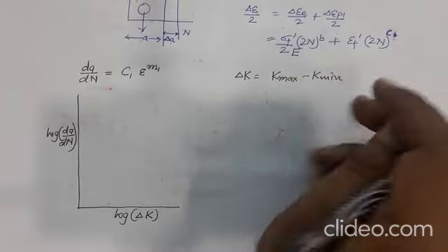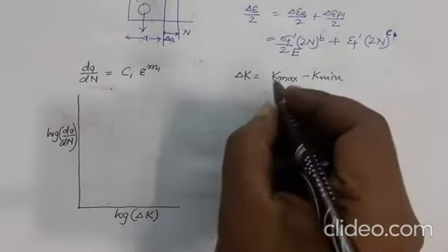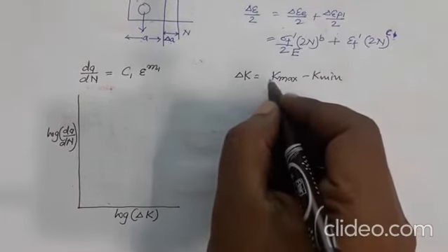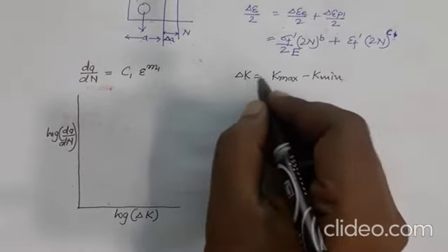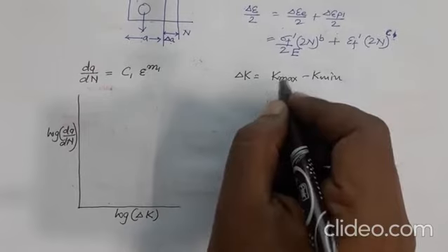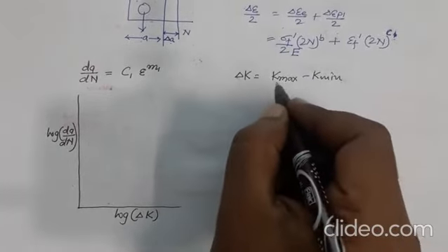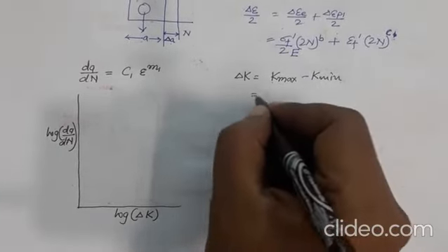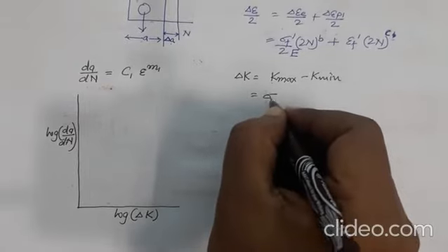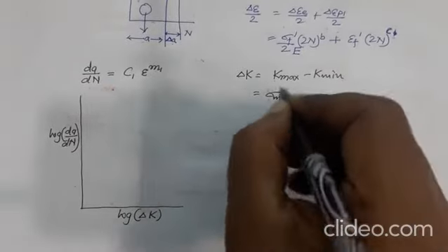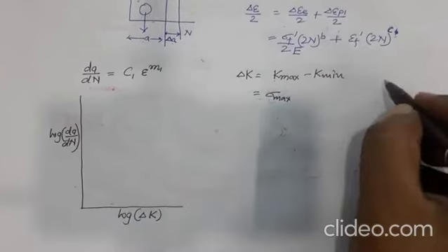So we assume that there is a crack in the system. Once we have a crack, only then we can take the help of stress intensity factor. So delta K will be K max minus K min. What is K max? K max is the stress intensity which is achieved when we apply sigma max, right?